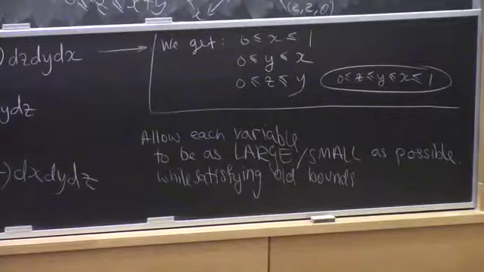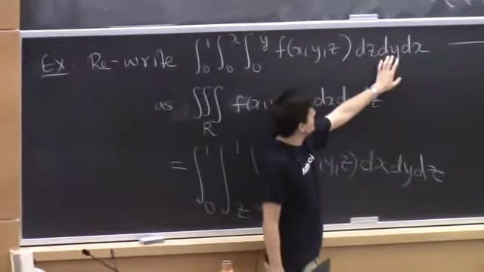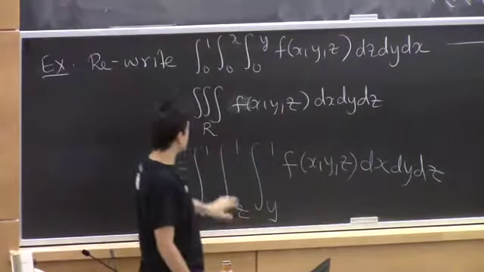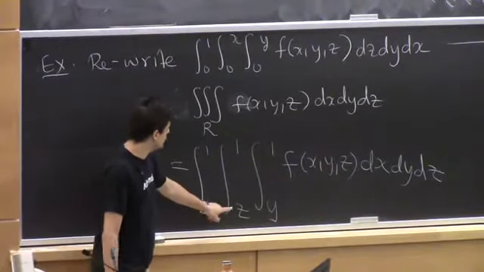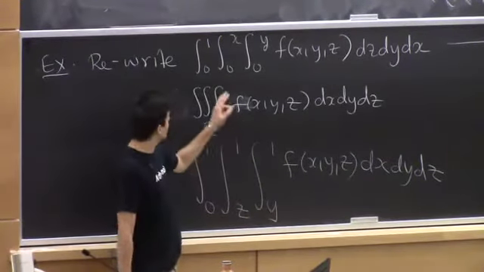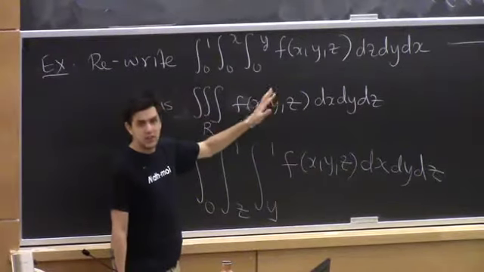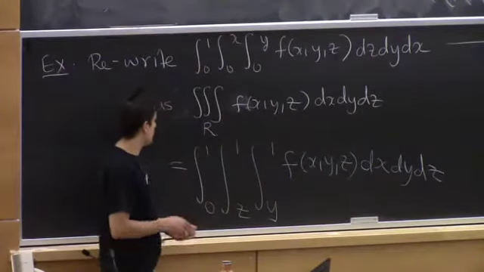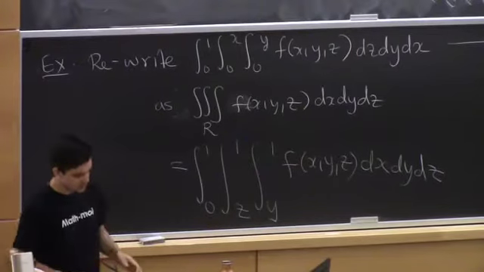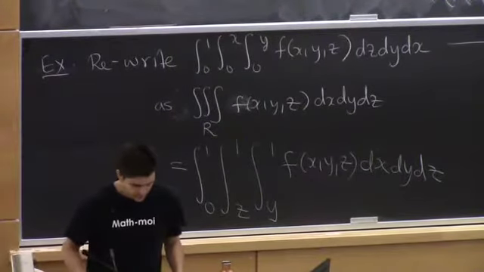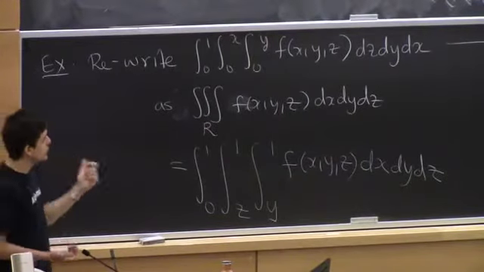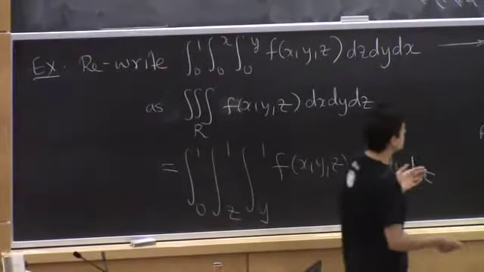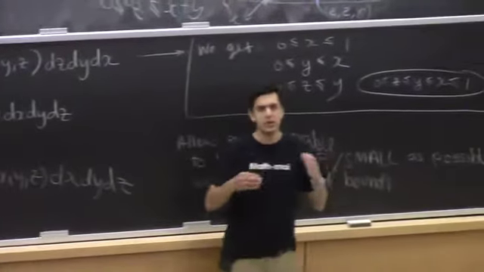Okay, so notice that when we use this Fubini idea that we can change these around, the bounds change quite a bit, right? Here we've got 0, z, y. Here we had 0, 0, 0. Okay, so things look quite a bit different when we change bounds of integration there. Okay, very good. So we rewrite the bounds, allowing each variable to get as big or as small as possible.